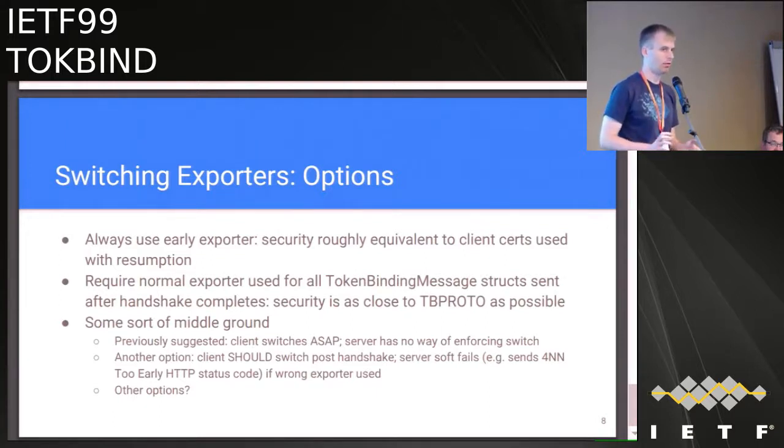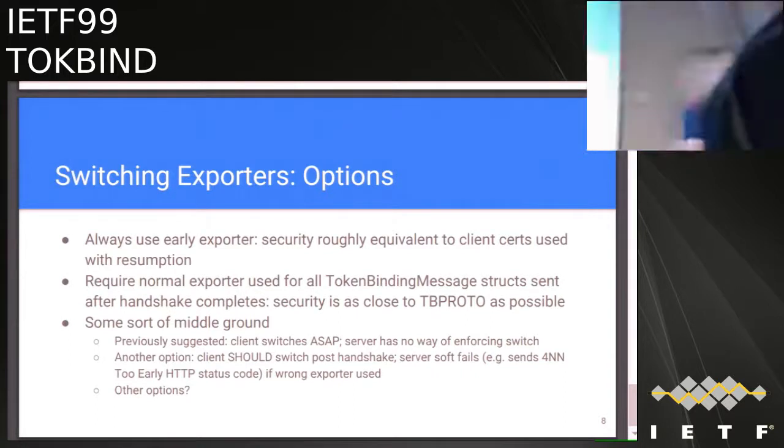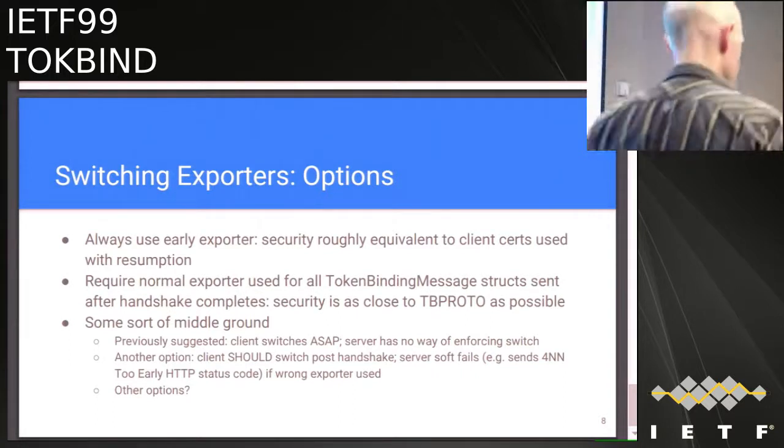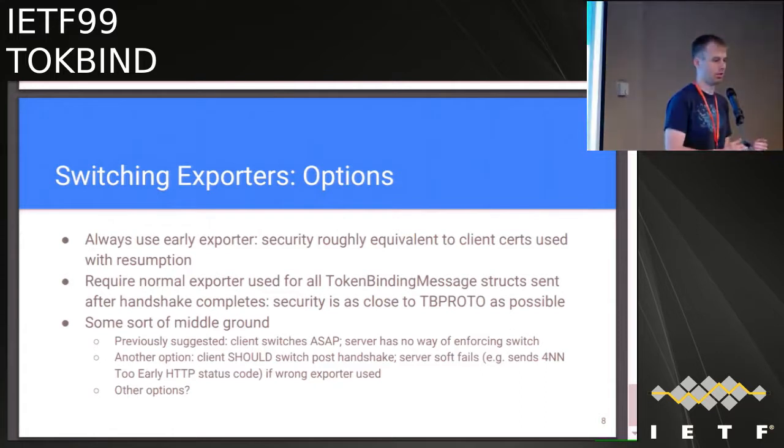For the authentication point, we don't have a client certificate with a subject name in it to say who the user is, but it does say this is the public key that's used. It basically uses the public key as the identity, so the server can say, yes, this is the same person that I saw last time with this public key, which is the amount of identity that token binding is providing.